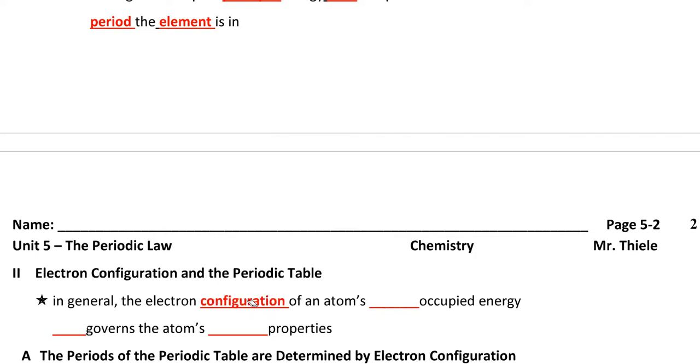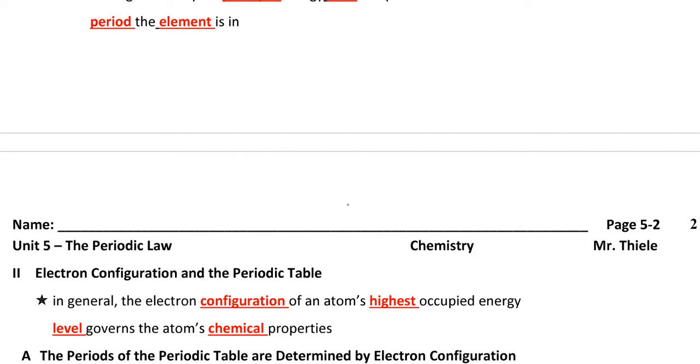So in general, the electron configuration of an atom's highest occupied energy level governs the atom's chemical properties. This is something that's important to understand. Chemical properties or chemical reactivity is directly related to the electron configuration of an atom, specifically what electrons it has in the highest occupied energy level.